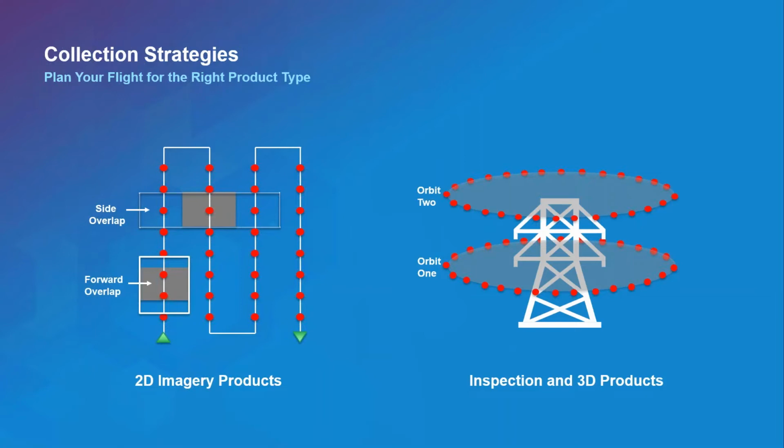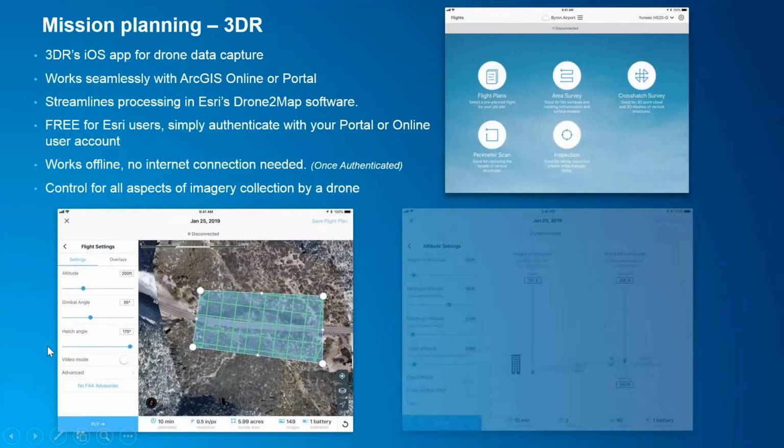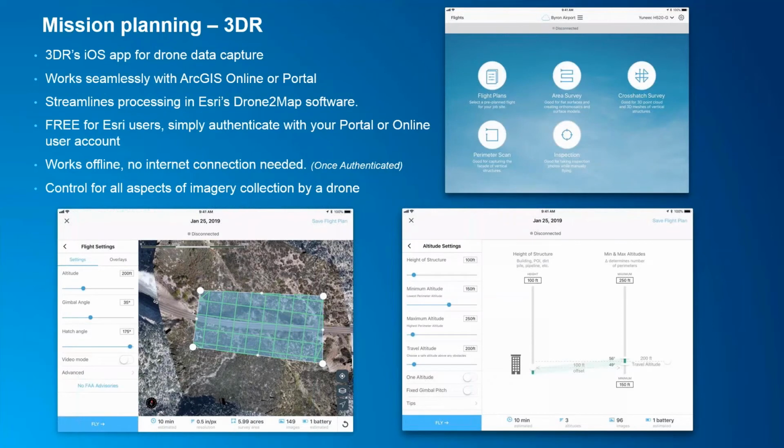Now, to make this easy for you, we've started to work with some of our partners that have developed actual mission planning software. One of these companies is 3DR, and they make a solution called SiteScan, and they make a derivative of it that works with Drone2Map directly. What's nice about this flight management software is that it can connect directly to your ArcGIS Online folder.